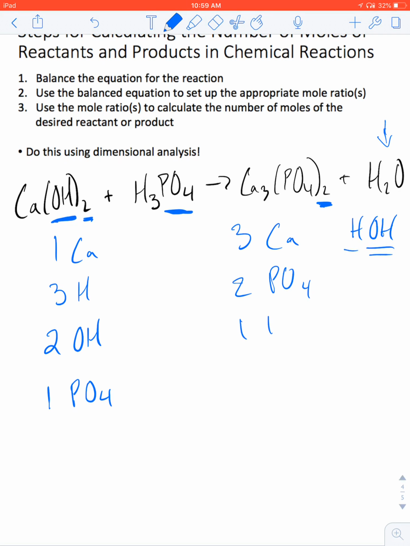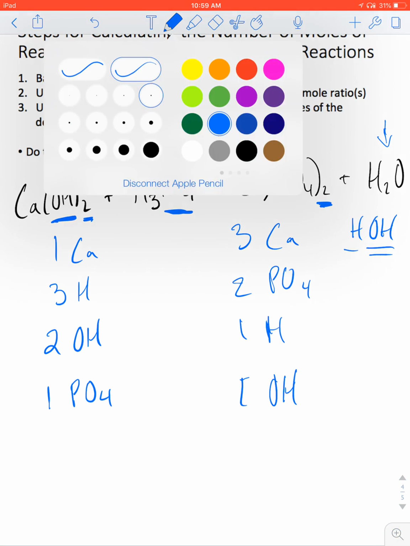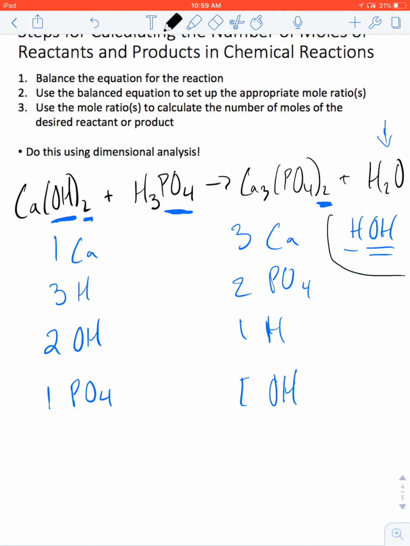So we have 1 hydrogen and we have 1 hydroxide there. So now we can balance this equation by grouping together the polyatomic ions properly. All right, so let us look over here. Well, looks like everything's unbalanced, huh?